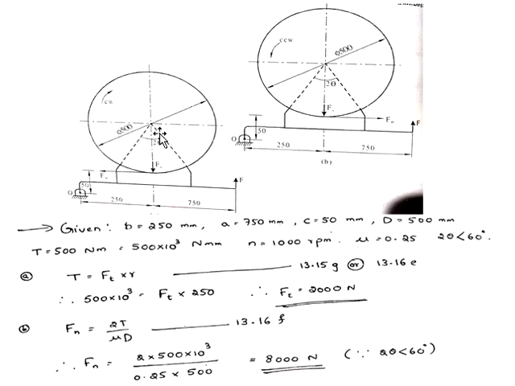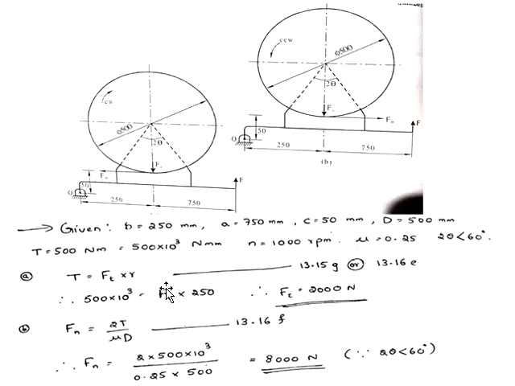So it matches diagram B in page number 267. After comparing the diagram, note down all given values. B value is 250, A is given, C is 50 mm, diameter is given, torque value is given in the question, N RPM is given, mu is 0.25, and 2 theta is less than 60 degree.